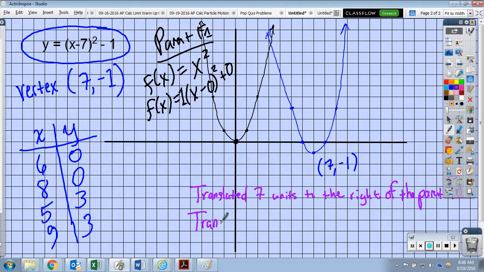What's another translation that this purple function, or this blue function, is compared to our parent function? 1 unit down, and you can see that here, and you can see it right here, right? Plus -1, or -1. So translated 1 unit down from the parent function, you could say from or of.